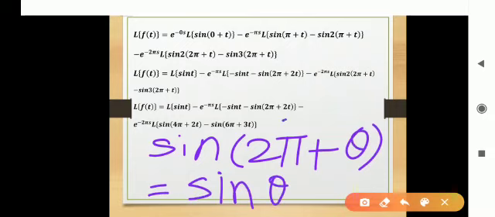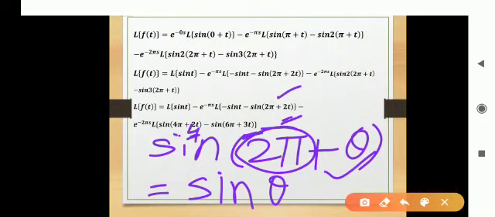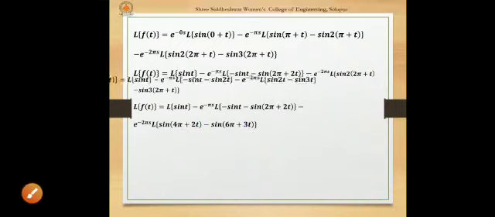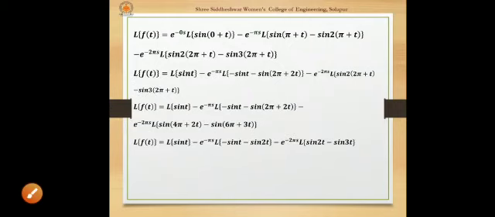Here for the first term 2t. For the second term again 2t, and here it is 3t. 4 pi and 6 pi are again multiples of 2 pi, so you have to apply only this result to these three terms. Okay, we get the next term simplified.